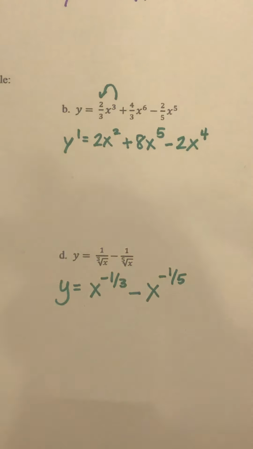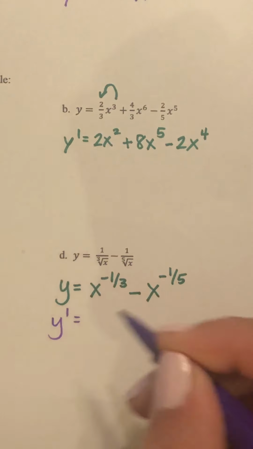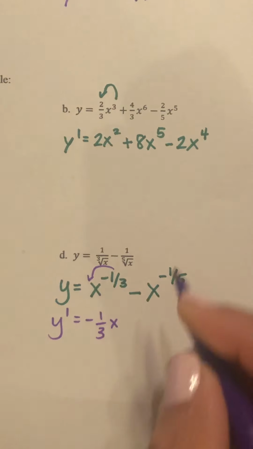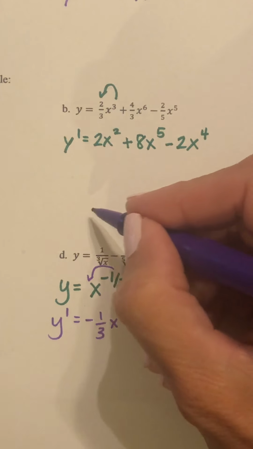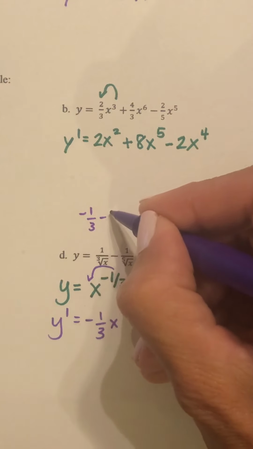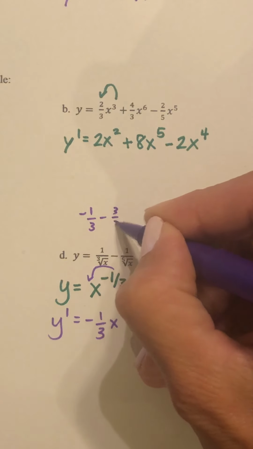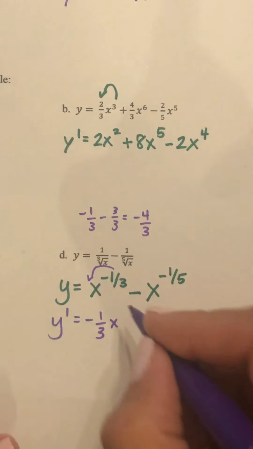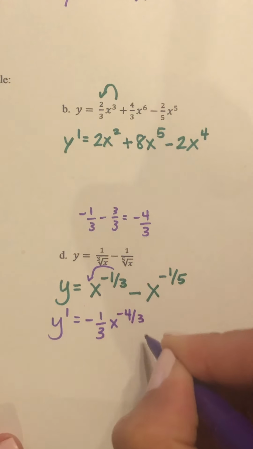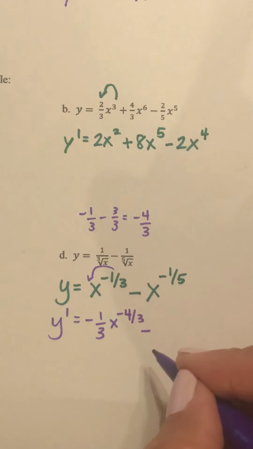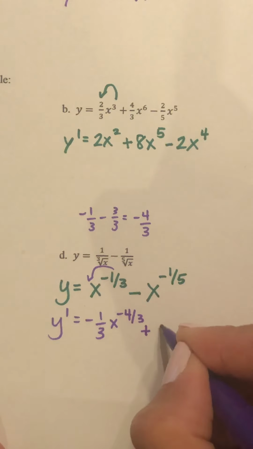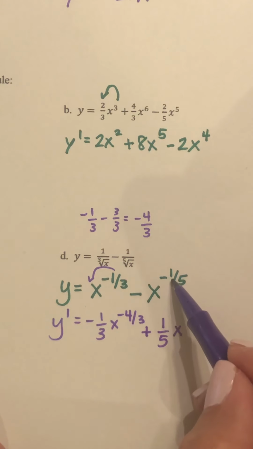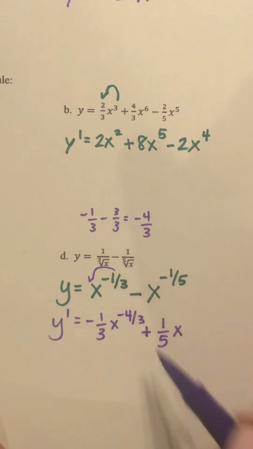Okay, here we go. A little annoying. Y prime equals, I drop it in front, negative 1/3 x. Negative 1/3 minus 1, which is actually 3/3, gives me negative 4/3. So that's going to be my power here. Take away, but it's a negative. That becomes a positive 1/5 x, because a negative 1/5 times a negative 1 is a positive 1/5.